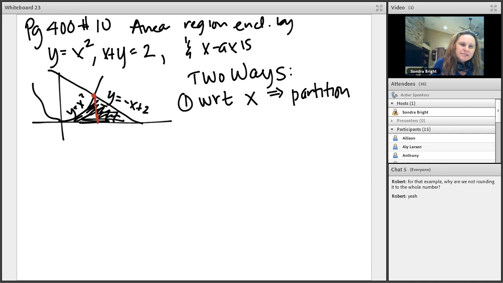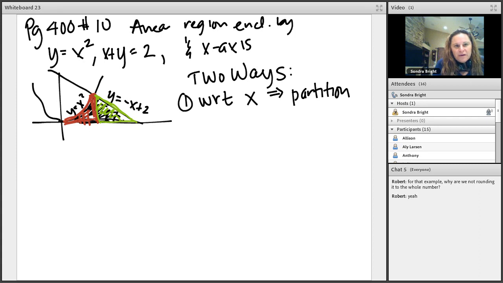If you're drawing these rectangles with respect to x, you've got vertical rectangles. It's just the area under the curve from x squared to the x-axis, but then after this intersection point, from here to here, you've got the area underneath the curve y equals negative x plus 2.